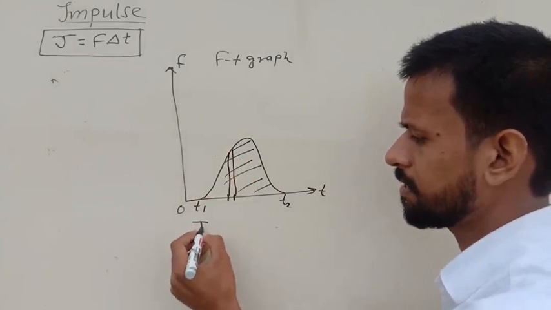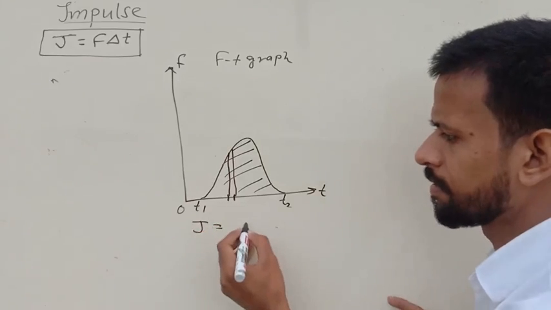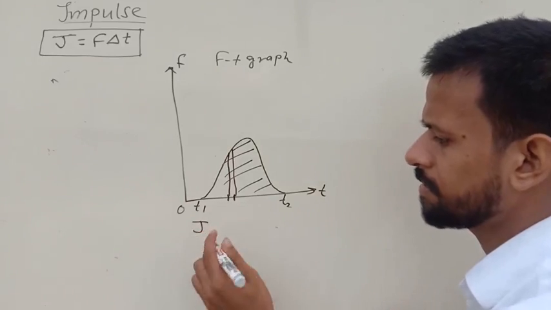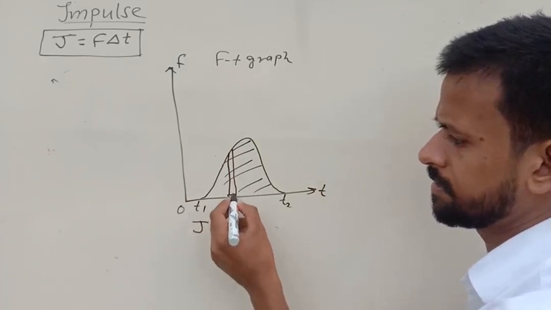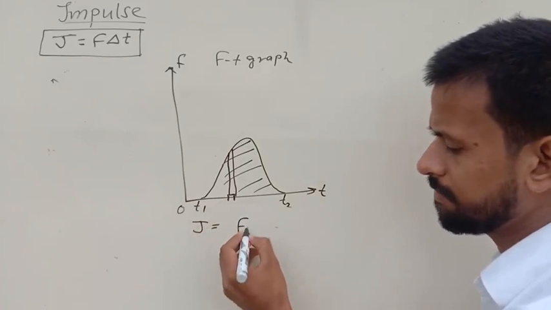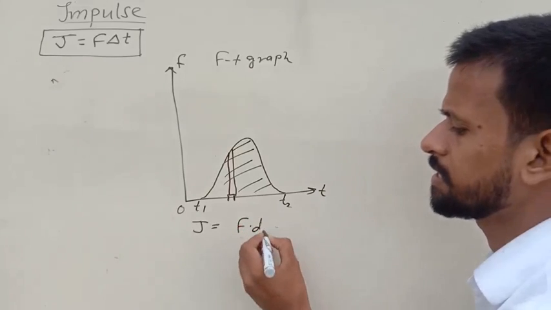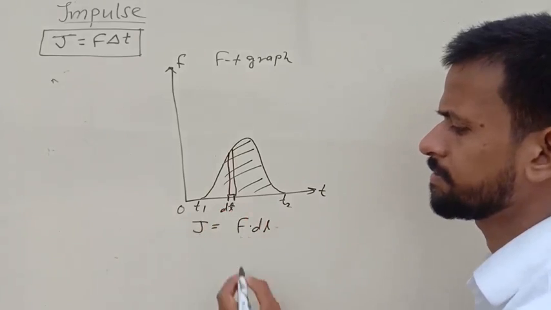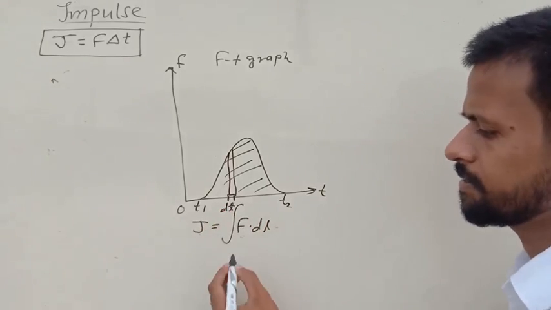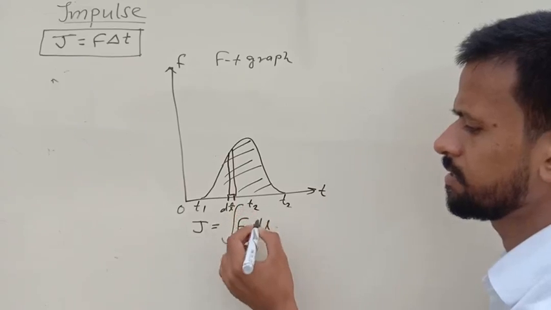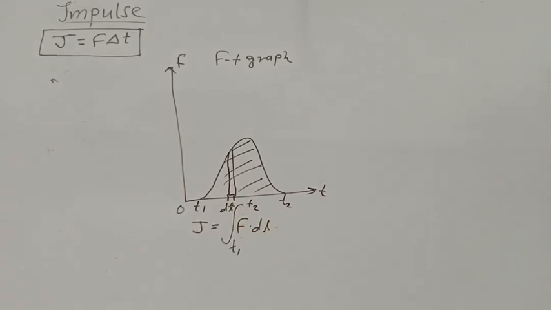So impulse or area is equal to, we calculate for this interval, F average, or simply we write F into dt. This interval is dt, and we integrate from T1 to T2. This is the area of this FT graph.